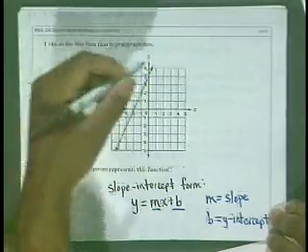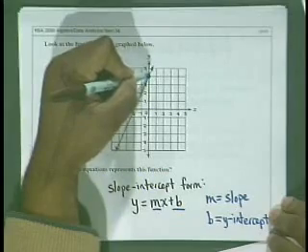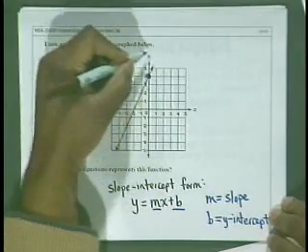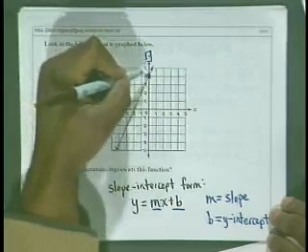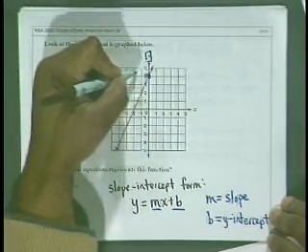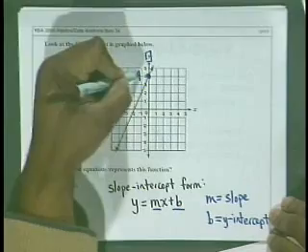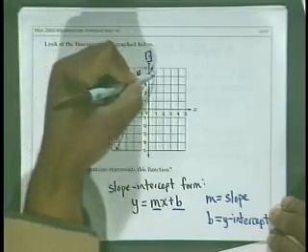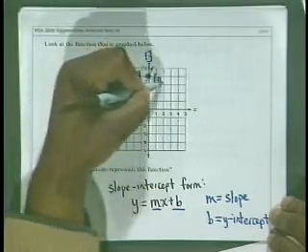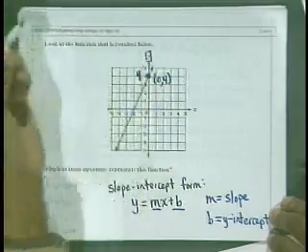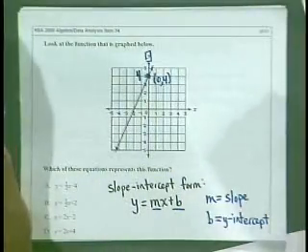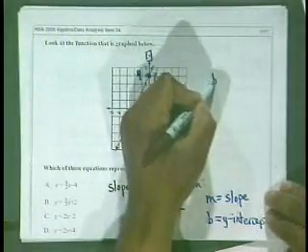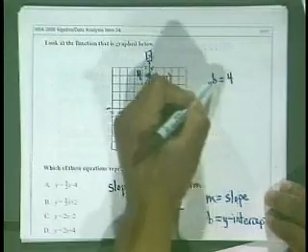Oop, hold on. Here's our point where our graph crosses our y-axis, because remember, our y-axis is here. So our graph crosses our y-axis at y equals 4. So this will be the point where x is 0, y is 4. That's the point where our graph crosses the y-axis. So that means we know that our b value is going to be 4. So let me write that up here. We know that b is going to be equal to 4.